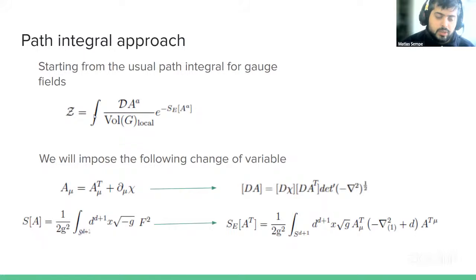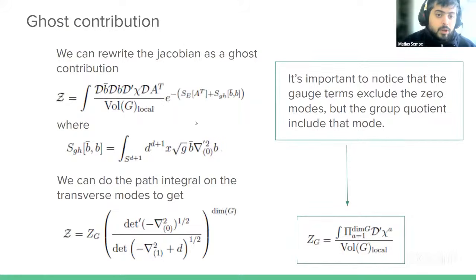So we start with the spin 1 gauge field in the abelian case. We will impose the following change of variables. If we do the change of variables, we get this new measure, and the action reduces to this action. This is a Gaussian action, so we can do the calculation. We can put here the ghost contribution if you want.